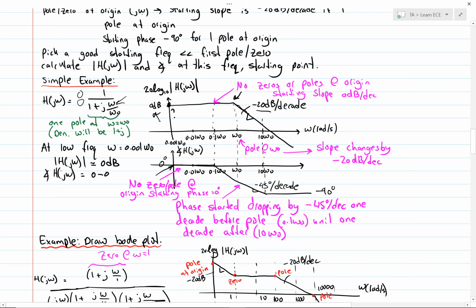Actually, I did write it. Sorry. Let's look at it over here. So at low frequency, if you plug in omega equals, let's say 0.001 omega naught and solve for this transfer function, you get that it's 0 dB. Same thing for the phase, you get that it's 0 degrees. So you know that's your reference point. And then from then on, you can calculate what the value would be at any point in the plot.